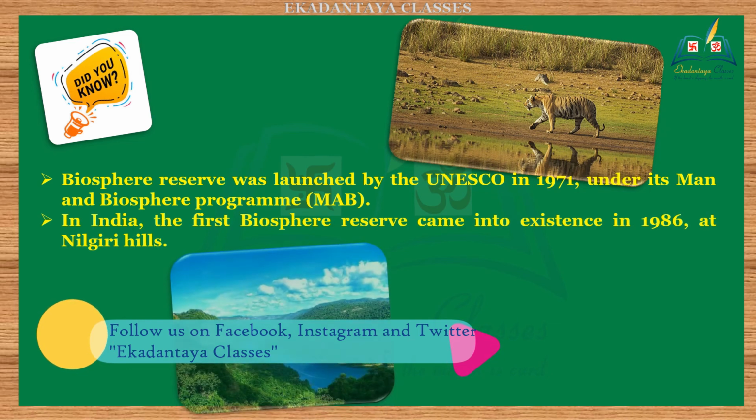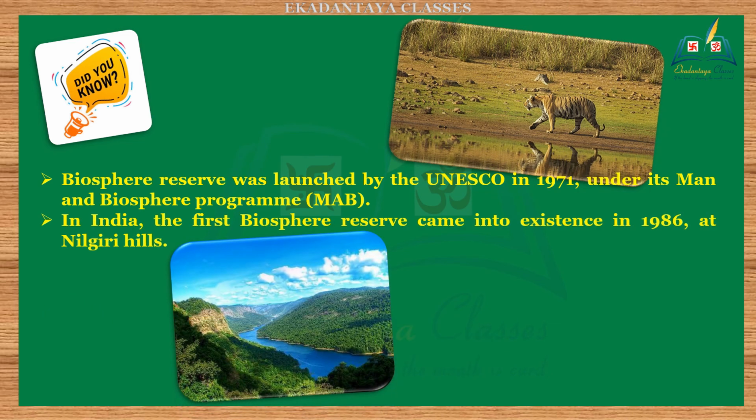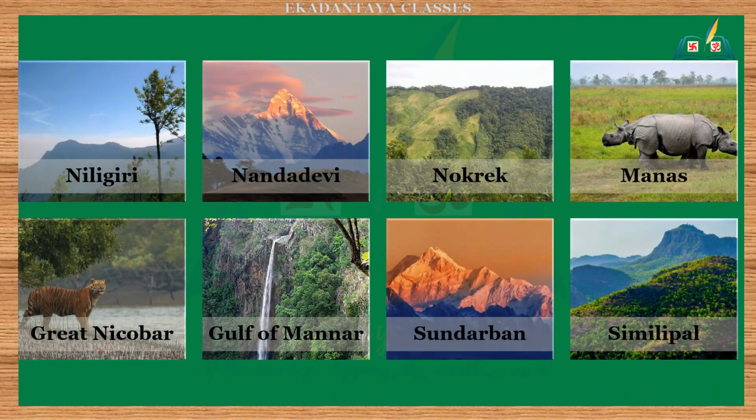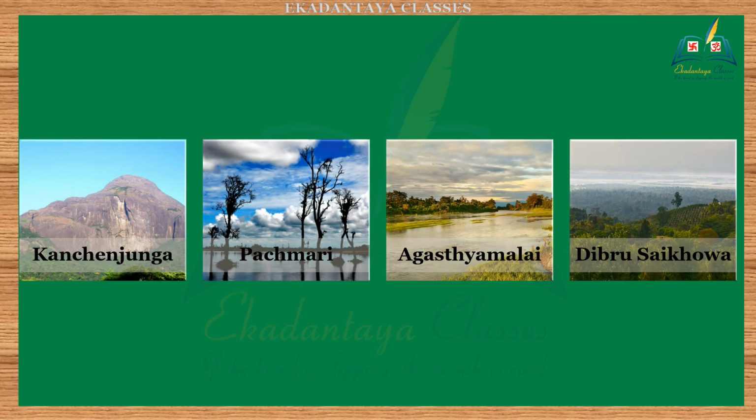In India, the first Biosphere Reserve came into existence in 1986, at Nilgiri Hills. In India, 18 Biosphere Reserves have been identified. They are Nilgiri, Nanda Devi, Nokrek, Manas, Great Nicobar, Gulf of Mannar, Sundarban, Simlipal, Kanchenjunga, Pachmarhi, Agasthyamalai, Dibru-Saikhowa, Dihang-Dibang, etc.